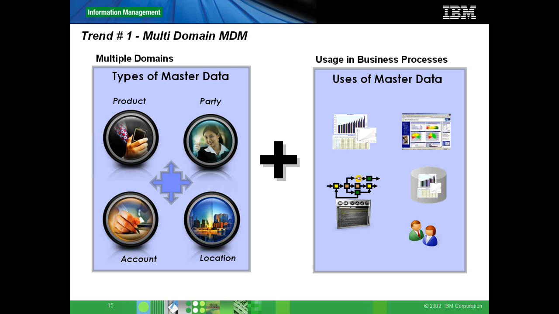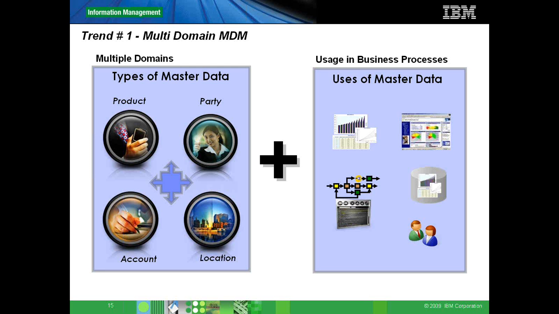For example, a customer has purchased a product using a particular account they have and will be billed and marketed to a particular location. That shows the relationship between multiple domains, right? So the customer is linked to an account and also linked to a location where he is billed at, right?